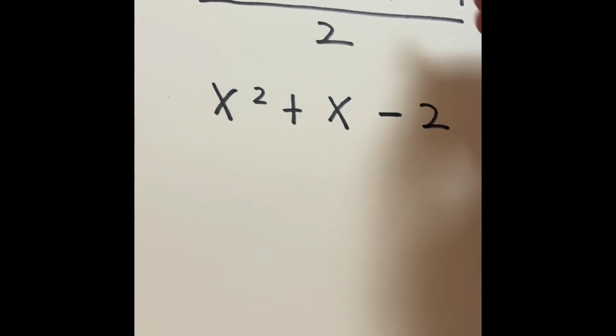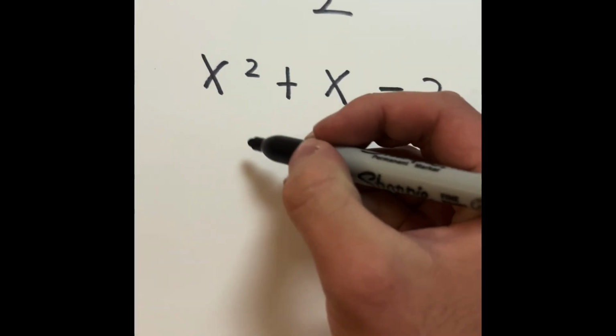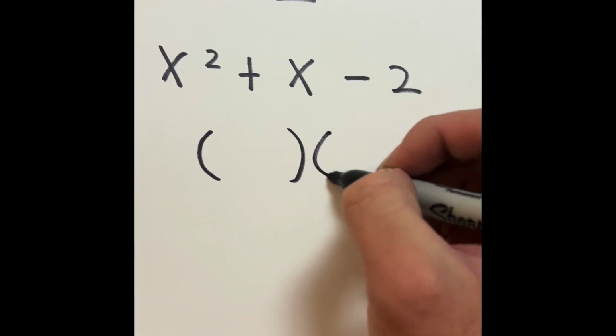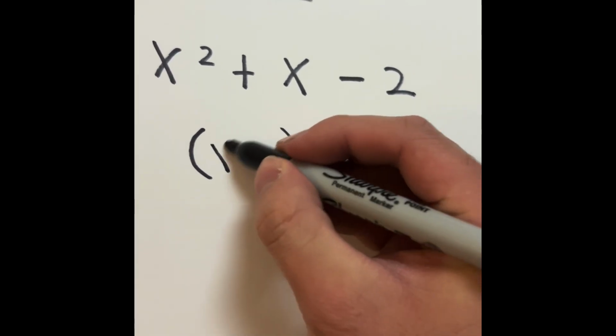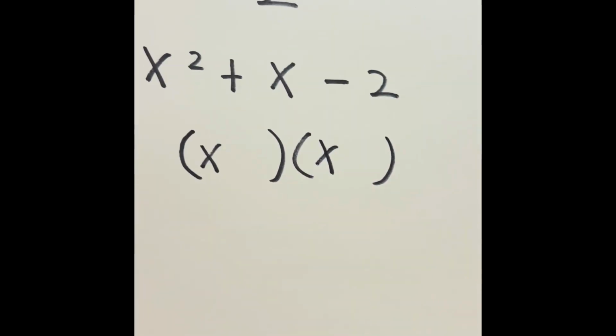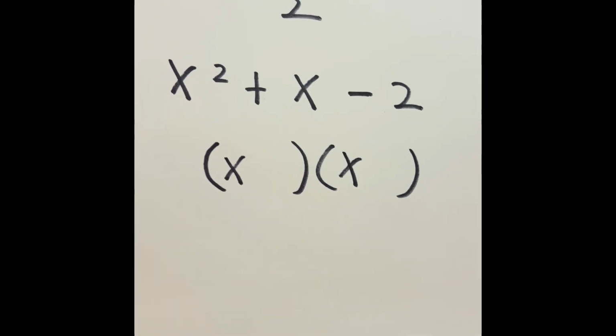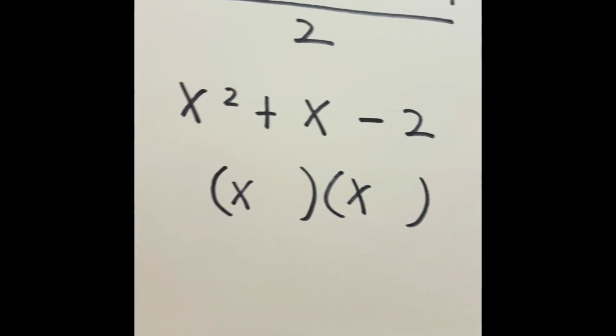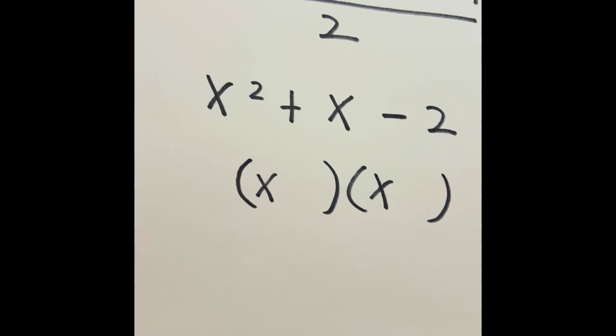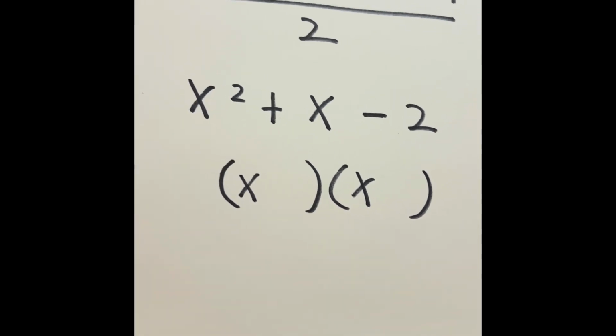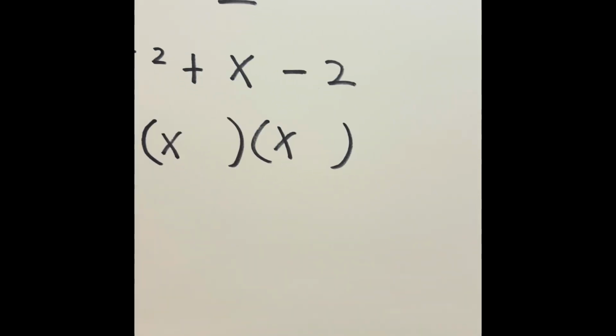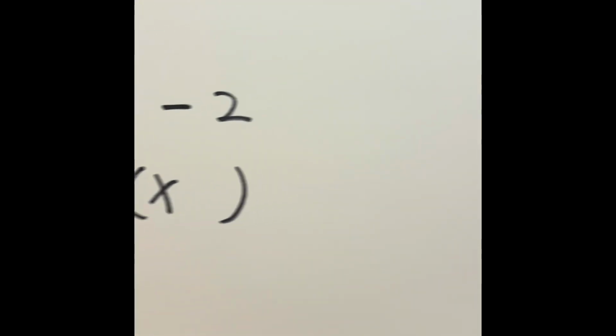After we've simplified, now we can create our two parentheses. We have x times x is x squared. But how are we supposed to fill in the rest?